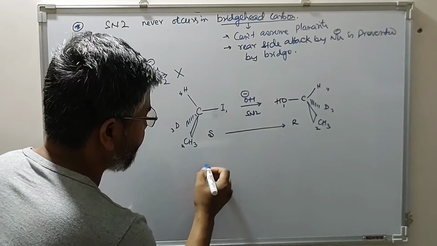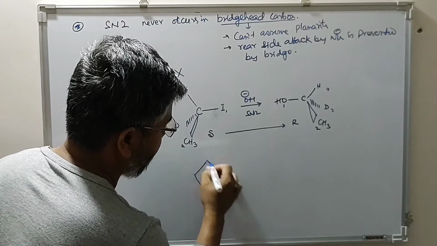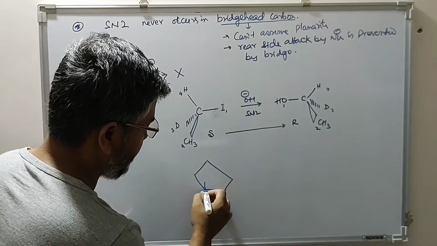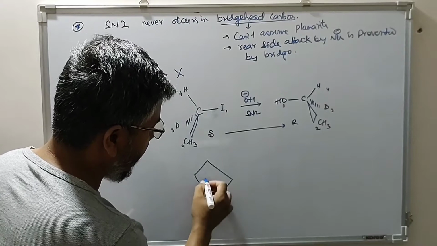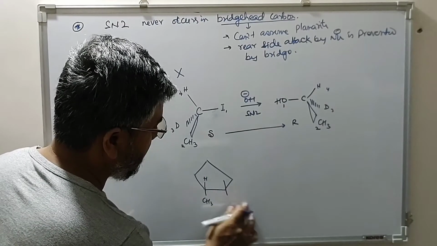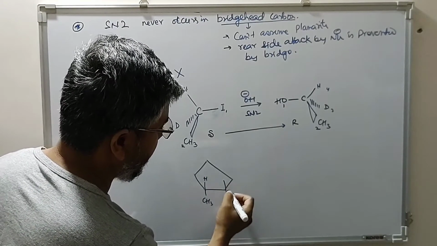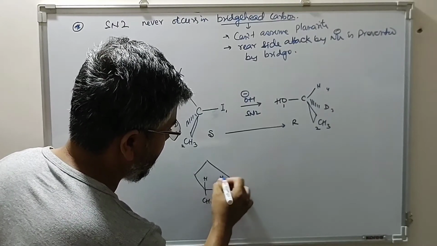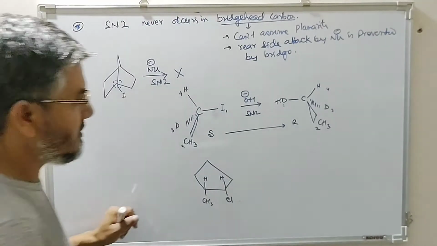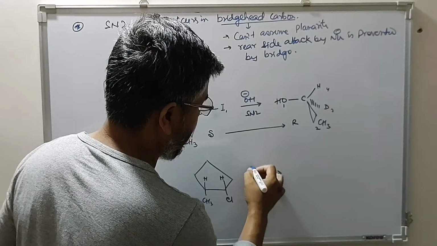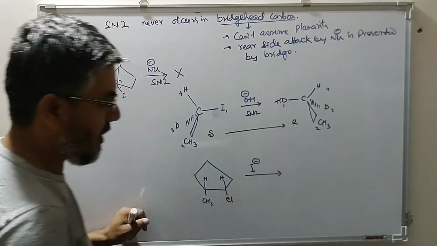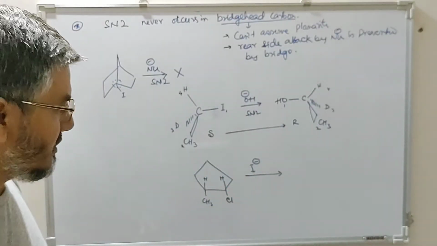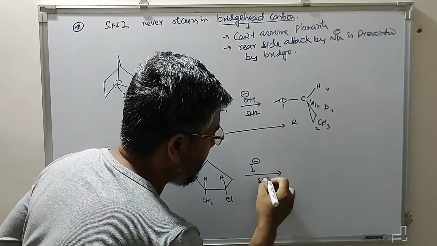Take this: we have methyl, hydrogen, chlorine. Now this is to be reacted with I minus. I minus being a stronger nucleophile will replace this Cl, so this is under SN2.